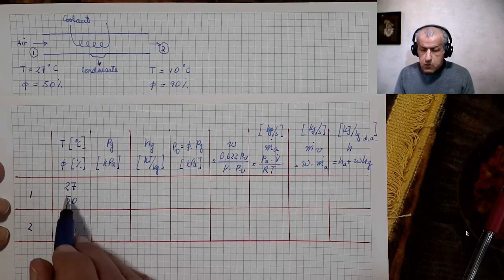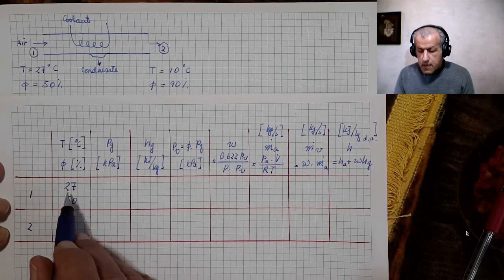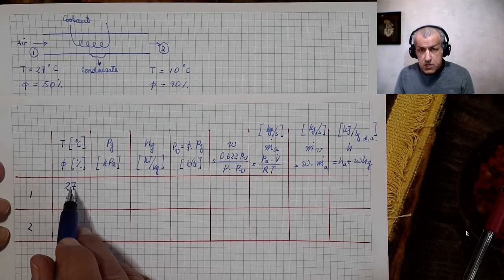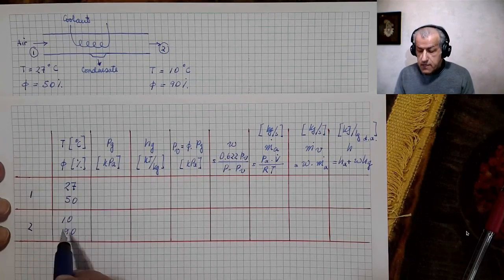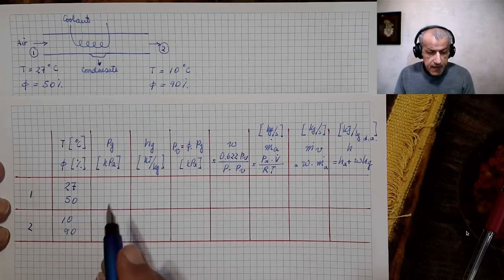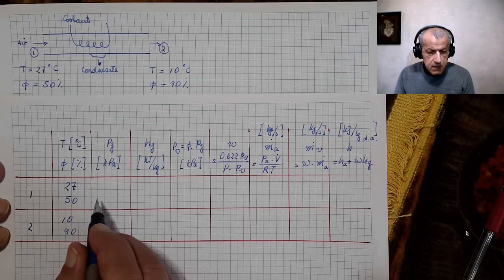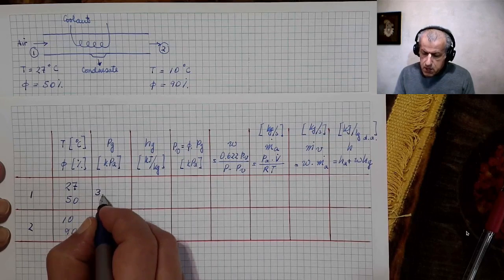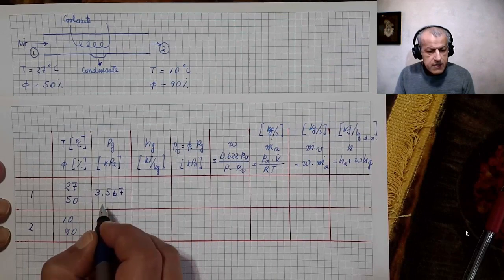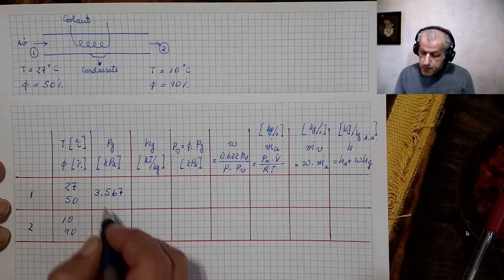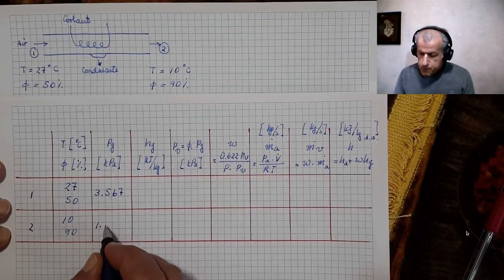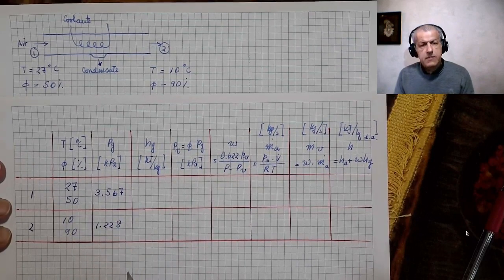So what we do is just to go to the tables and use this temperature to see what saturated pressure of water at these 2 temperatures are, and what we would gain from that is that for 27 degrees C, the saturation pressure would be 3.567 kilopascal, and for case 2, it would be 1.228 kilopascal.